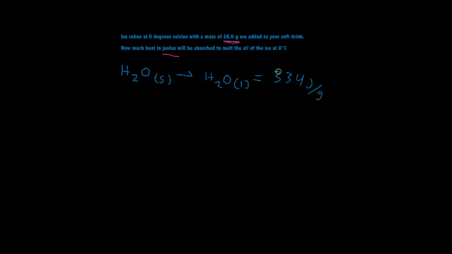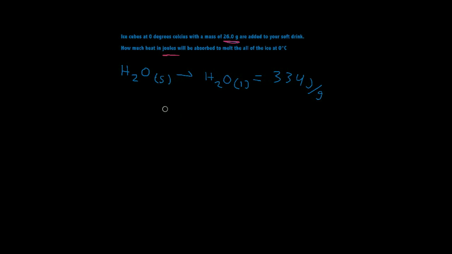So we just use our equality that I looked up on our chart here. We start with what we're given. We have 26 grams of H2O, and you know what? Let me rewrite this equality to something you're familiar with seeing. We're going to use dimensional analysis to solve for this, right? So this is saying that H2O going from solid to H2O liquid uses 334 joules per gram.